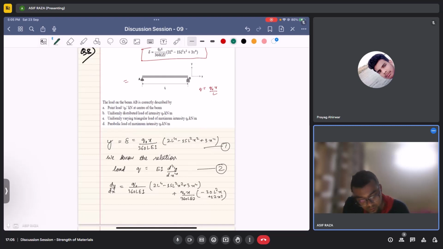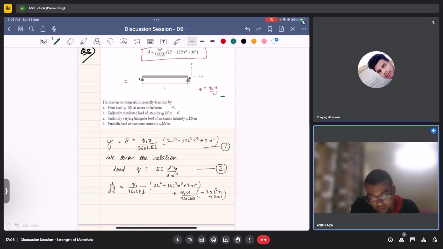So the first option cannot be there because it's a varying load, right? It depends on x. Uniformly distributed load of intensity q naught: for this it should have been just q equal to q naught, and it should not depend on x. So this is also not the case.